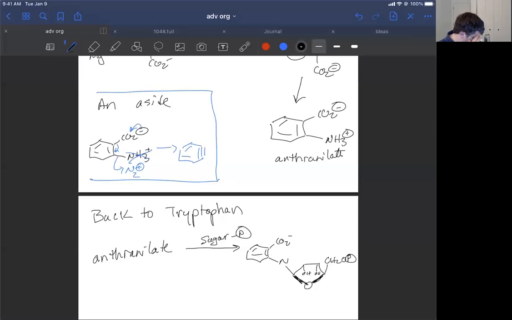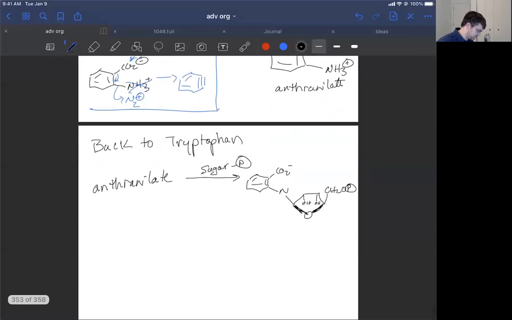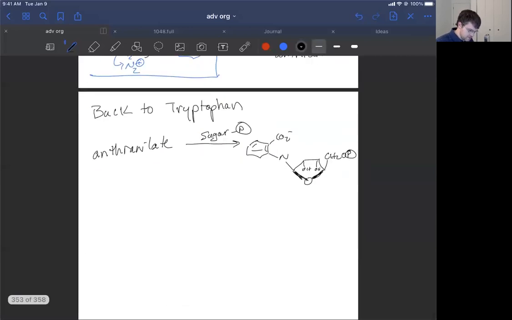I see where the carbonyl needs to form. I guess we just draw this with a question mark. I don't see that transformation, but let's just draw the resulting product.